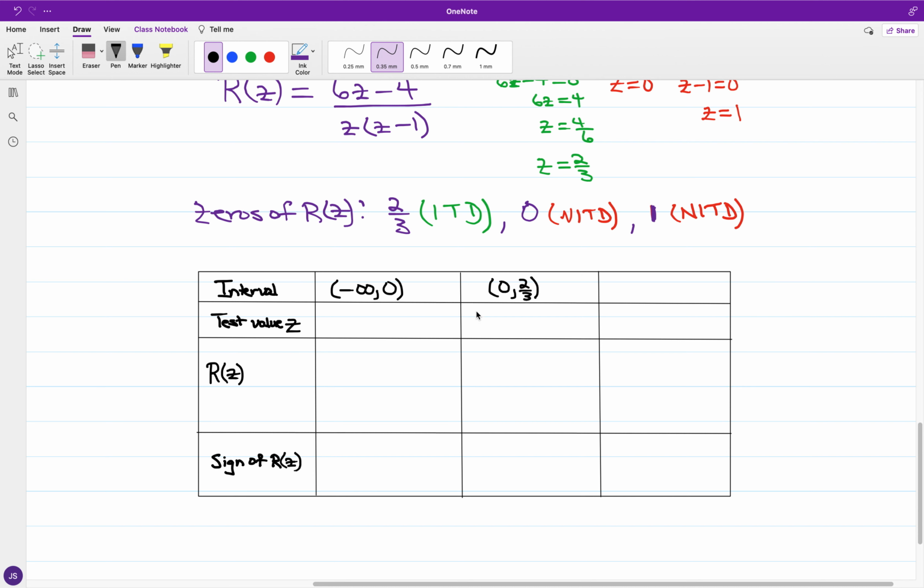And then with 2/3 bypassed, we'll have another interval when we end up approaching 1. So you have from 0 to 2/3, and you have from 2/3 to 1.